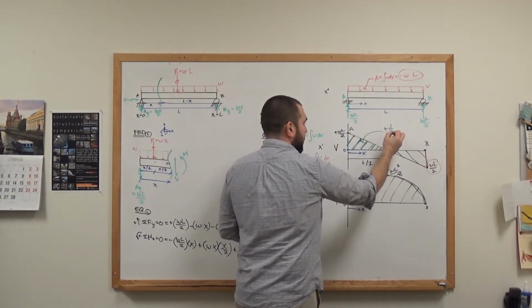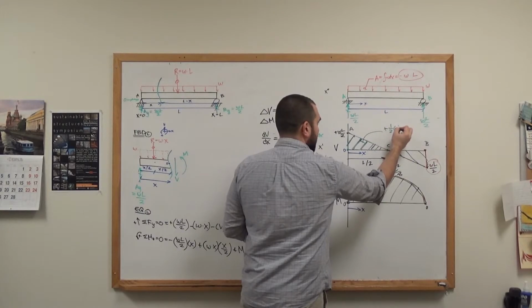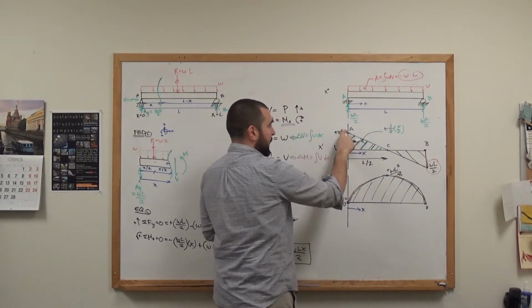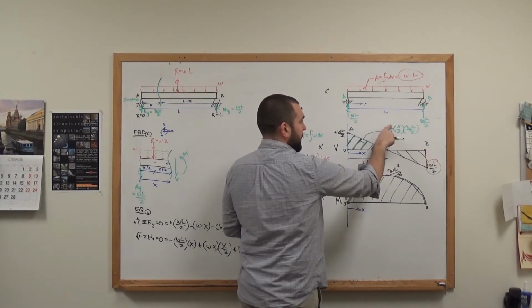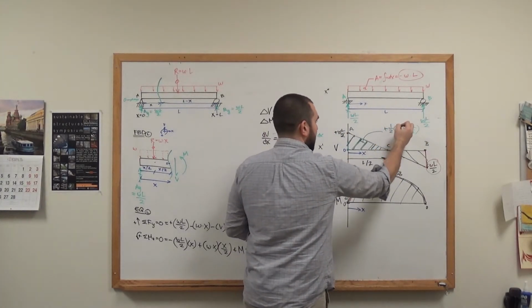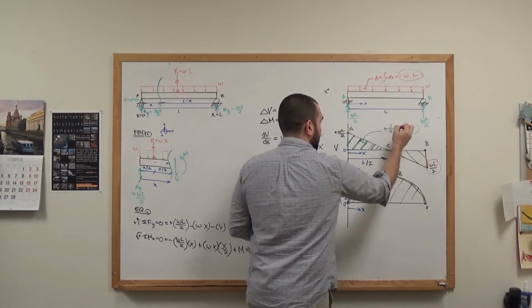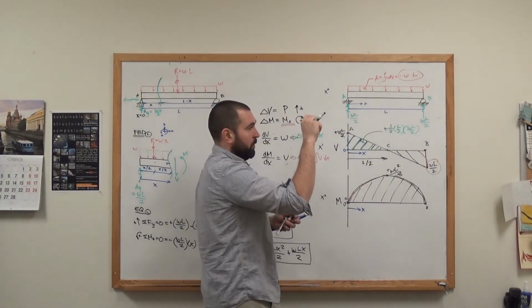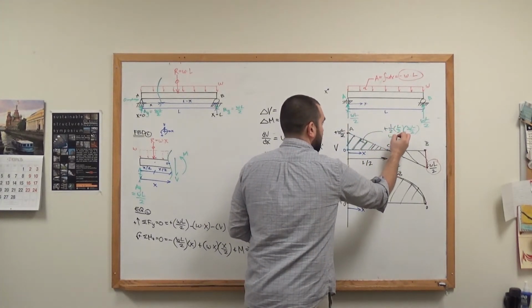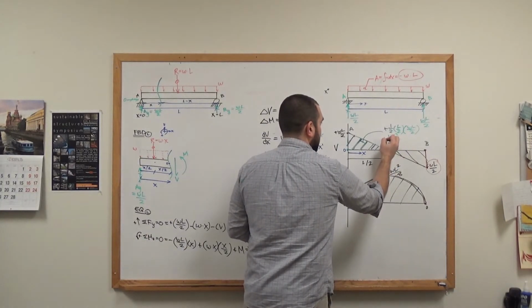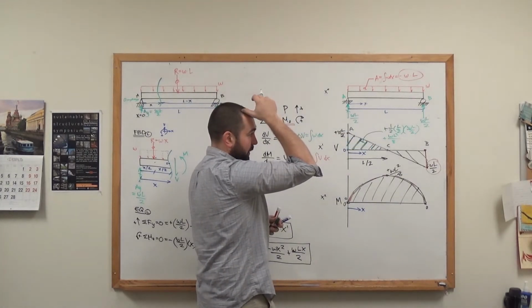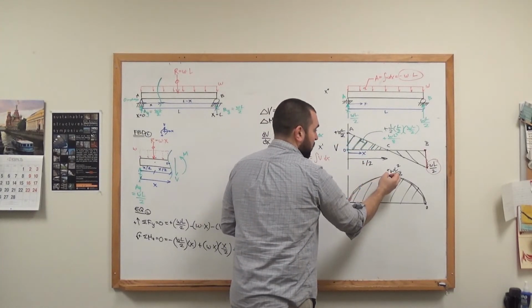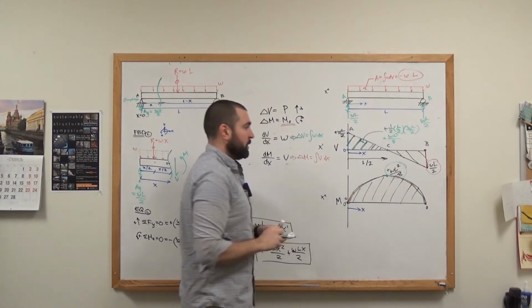It's a triangle, and so it's 1/2 the base, which is L over 2, times the height, which is WL over 2. Multiply this, I get WL squared in the numerator and 8 in the denominator. So I go from 0, I change positive WL squared over 8, which is why my overall value is positive WL squared over 8.